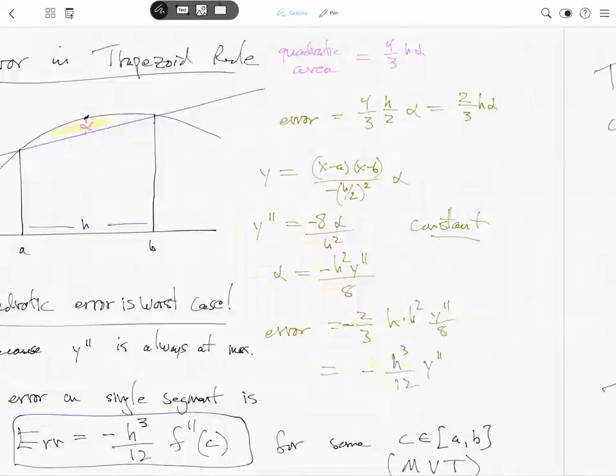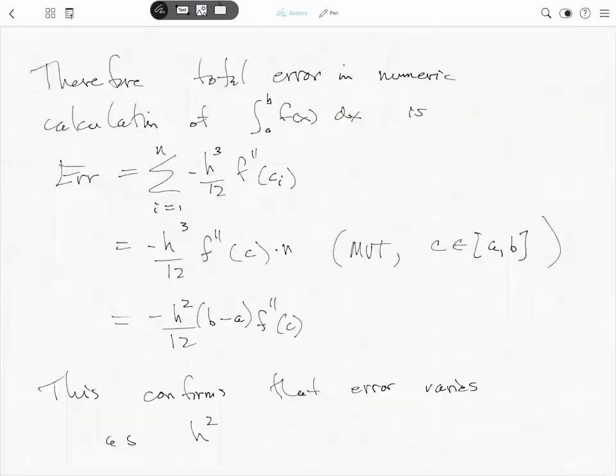Now, we want to add up all these errors over the course of an entire integral where we're breaking the interval up into n distinct segments, all of width h. So, in applying the trapezoid method to calculate an integral like that, we break the interval from a to b up into n separate intervals, each of width h, which is b minus a over n, right?